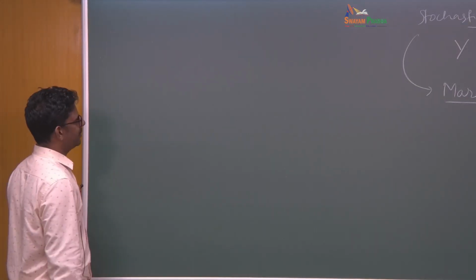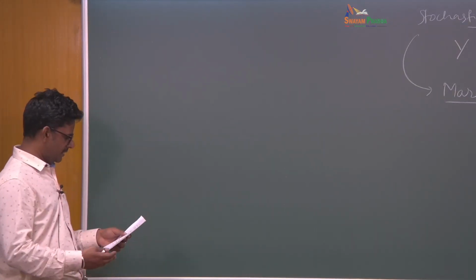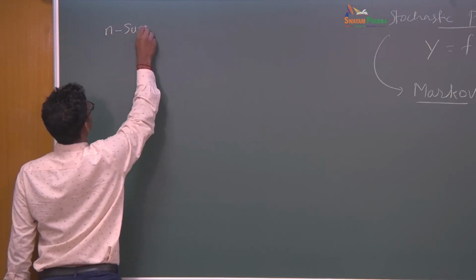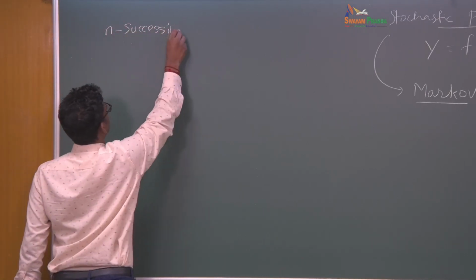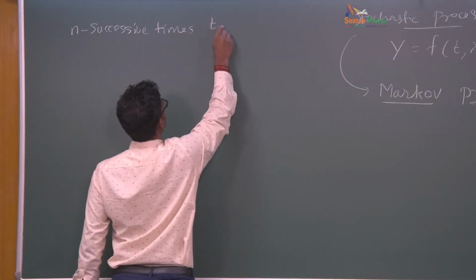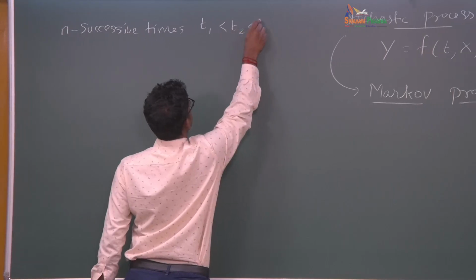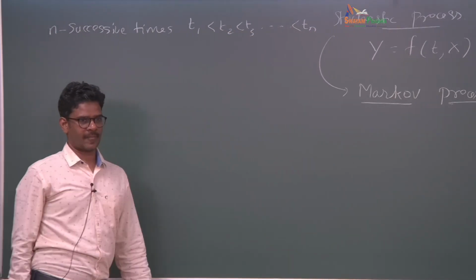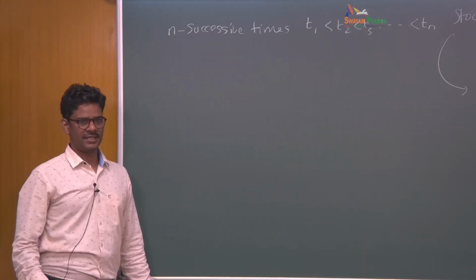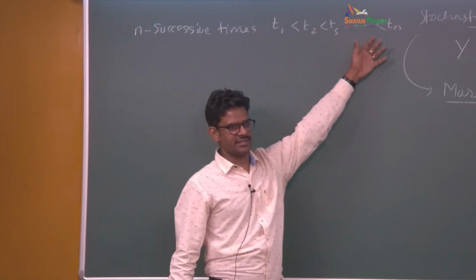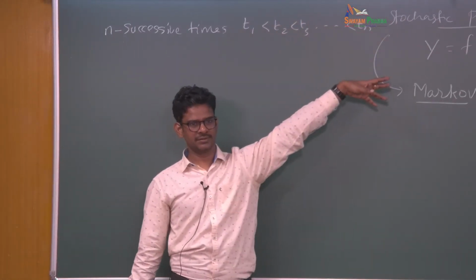Since we are talking about time, it is probably a good idea to think about n successive times such that we have t1 less than t2 less than t3 and so on. We are interested in the dynamical response of a system at some time points t1, t2, t3 in such a way that the time is increasing in one direction.